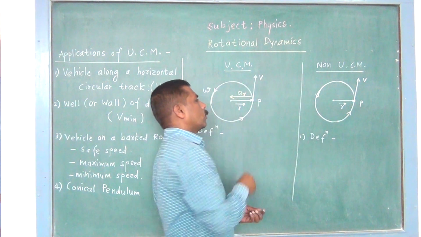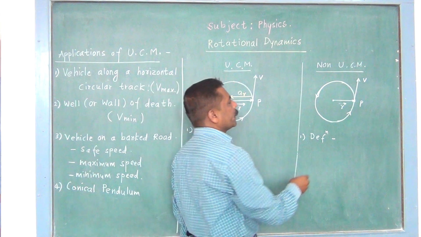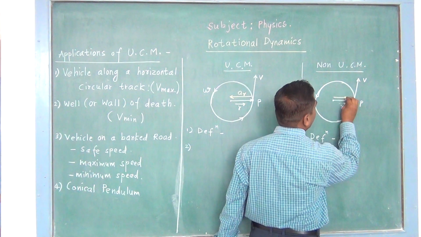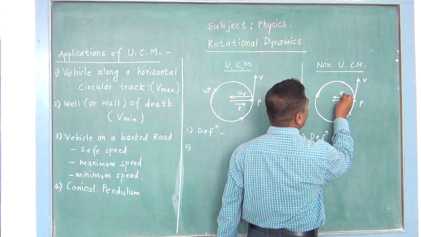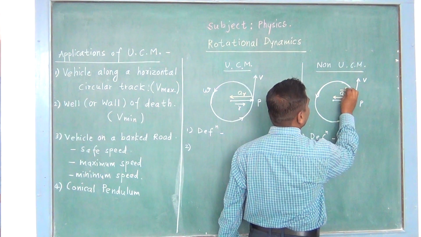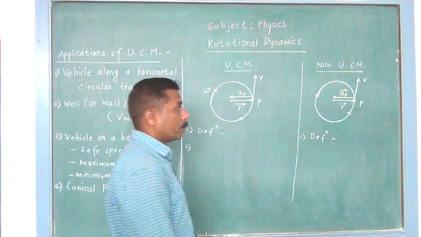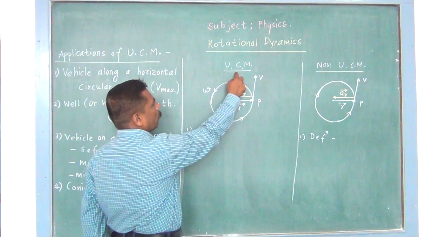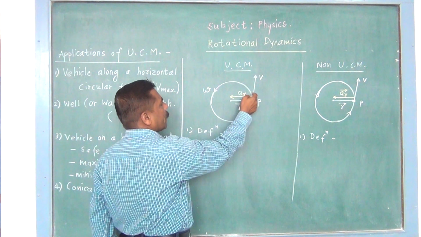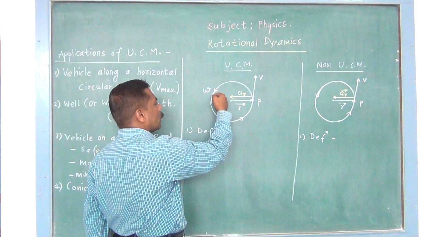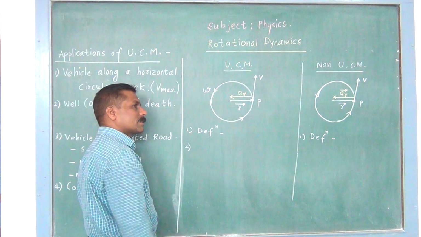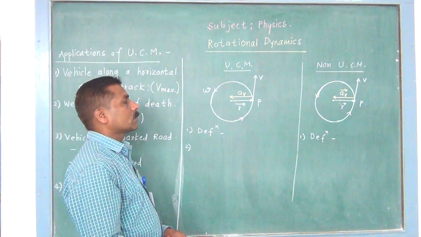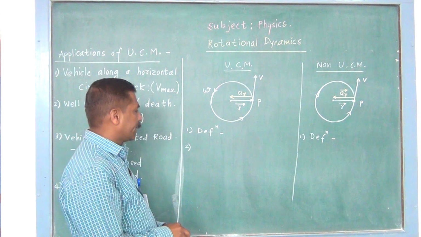Now here also the particle is moving in a circular fashion, so you can observe the radial acceleration is there. But you will find the difference is that in a uniform circular motion, the particle is moving with constant linear speed or constant angular speed.